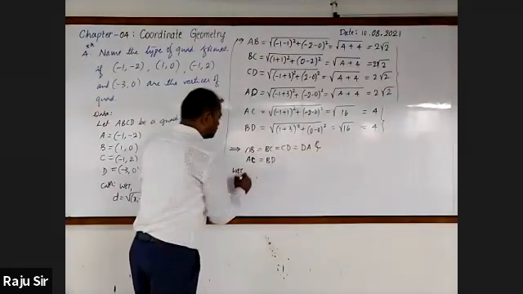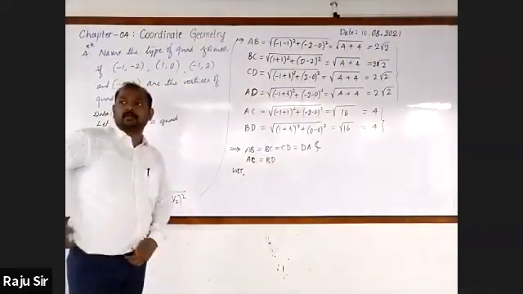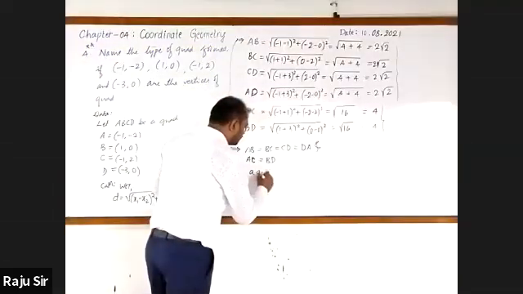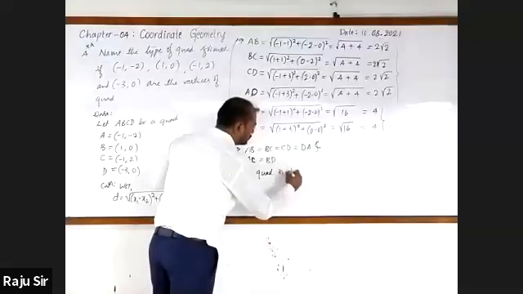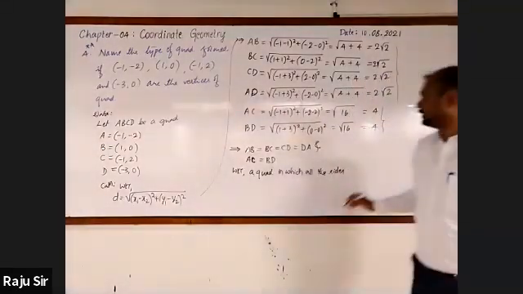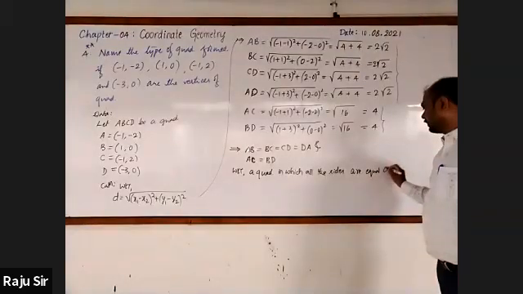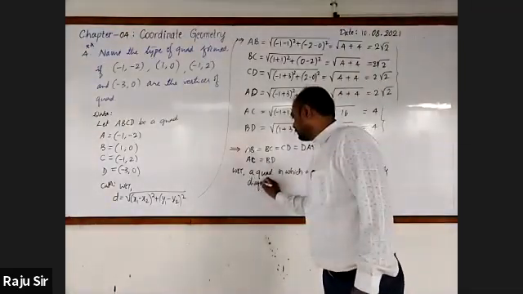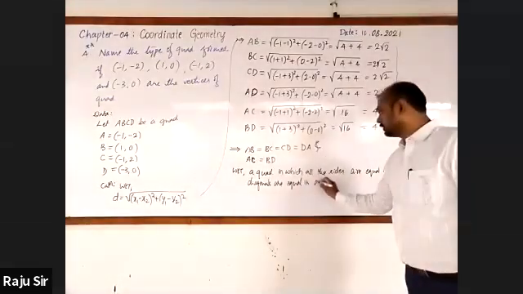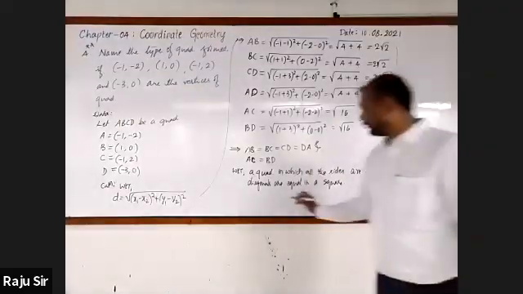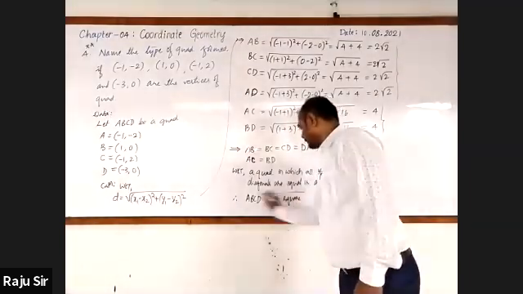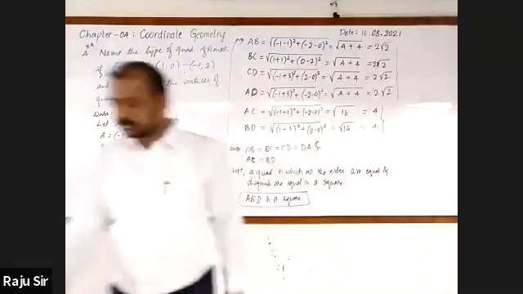Then you write: we know that a quadrilateral in which all sides are equal and diagonals are equal is a square. Therefore, ABCD is a square.